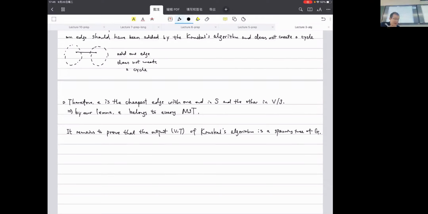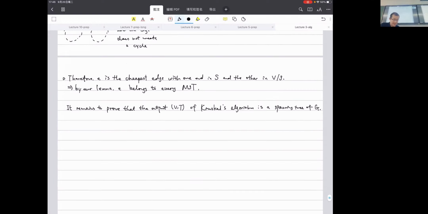But because every edge output by Kruskal's algorithm belongs to the minimum spanning tree, if the output is a spanning tree, we know that the solution is optimal. We can argue by contradiction: if the output is not a minimum spanning tree, then there should be an edge that does not belong to every MST. But this contradicts what we have been talking about.